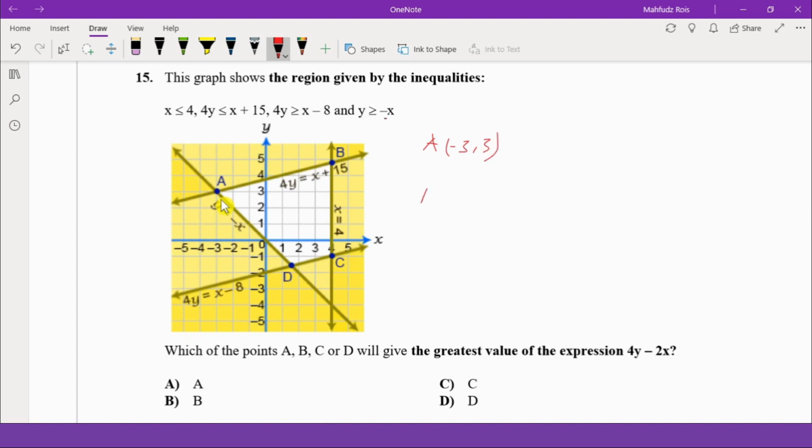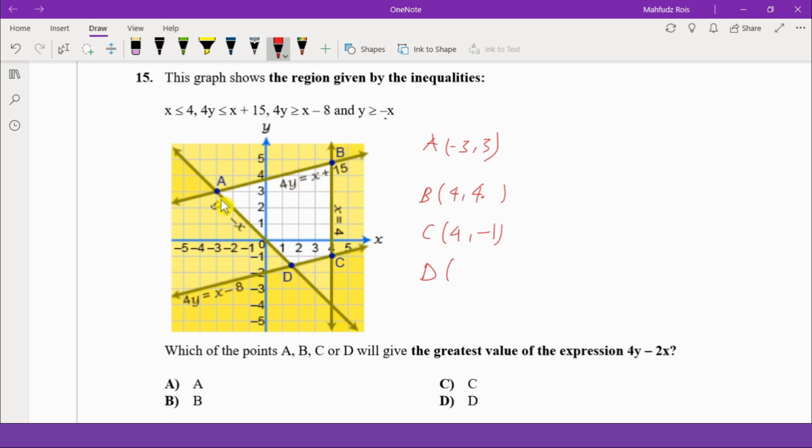And then B, 4, comma 5 point something. Okay, and then for C here we have 4, comma minus 1, and then D. All right, for D it's not exact.